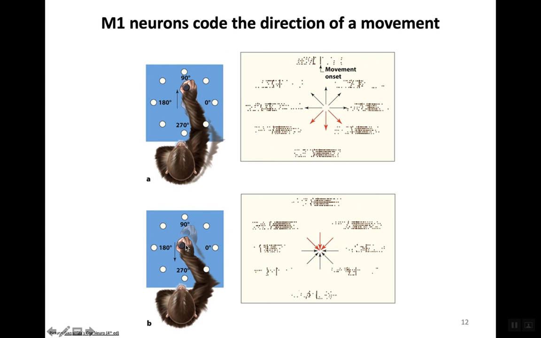And interestingly enough, we see that the same neuron this time is highly active whenever the hand travels towards the monkey. So again, between the first experimental setting and the second, what has changed is the start point and the end point of movement. But what remained the same is the direction of movement. The hand travels towards the monkey as opposed to away from the monkey.